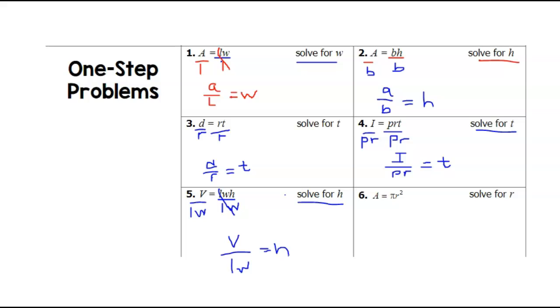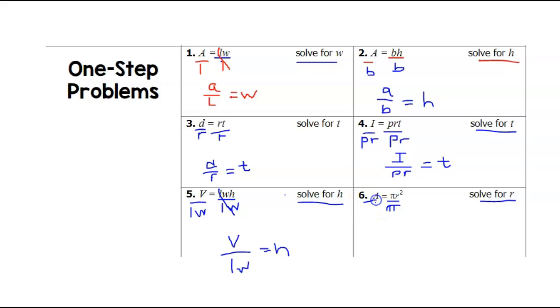Now, guys, I want to move to the next problem, because notice it says solve for R. And I think you guys know what the first step is. What are we going to do first? Divide out that pi, right? Let's divide out that pi symbol.